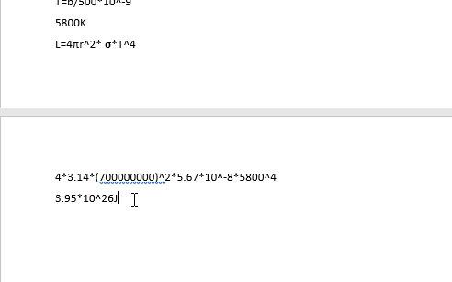So in terms of power, that's watts, if you wanted to calculate the power output by the sun. So a huge amount of power.